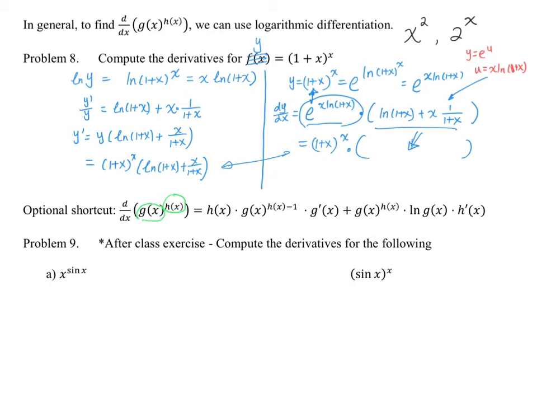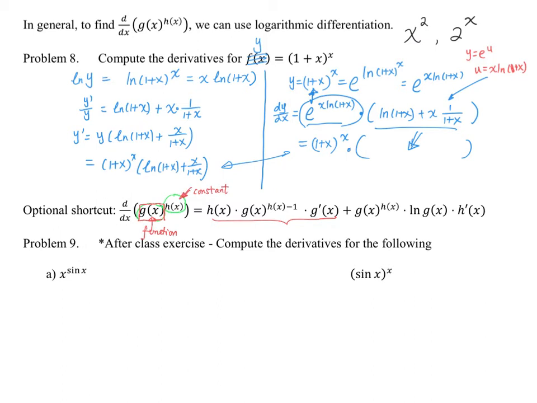So now the first part, you're going to apply the power rule. Think of this as a function, and treat this as a constant. You have to mentally imagine this as constant.